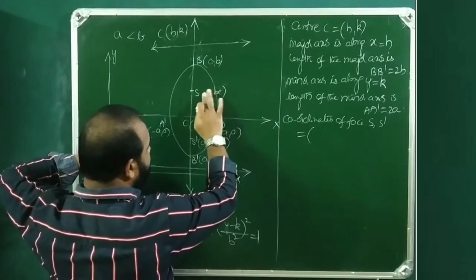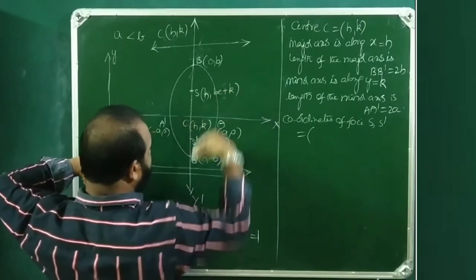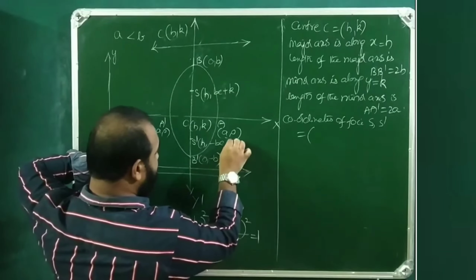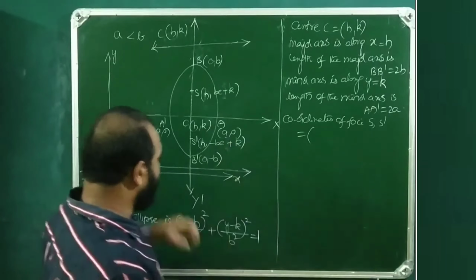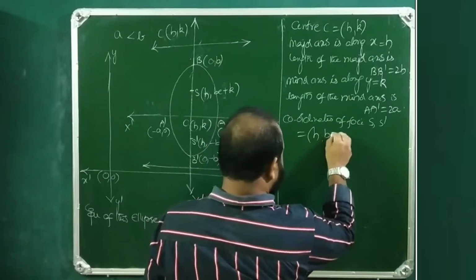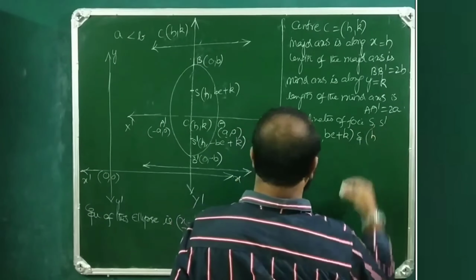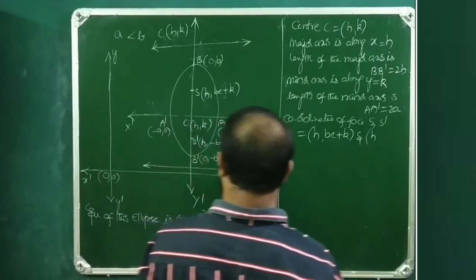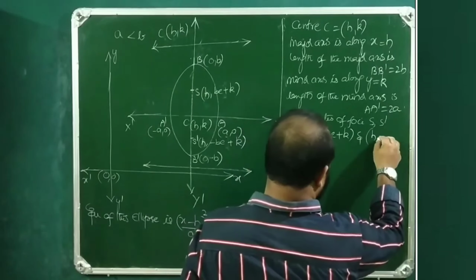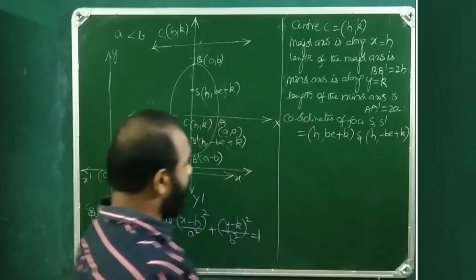That is, this is h comma be plus k, and this is h comma minus be plus k. So this is equal to (h, be plus k) and (h, minus be plus k).